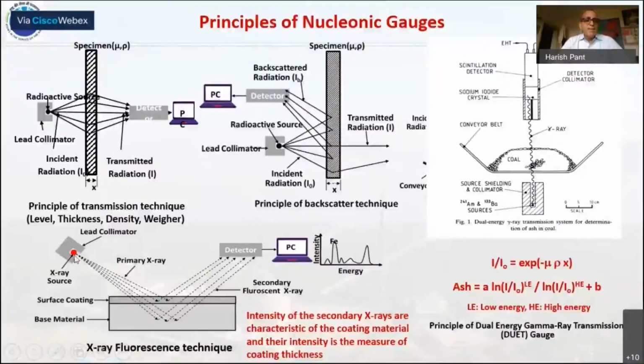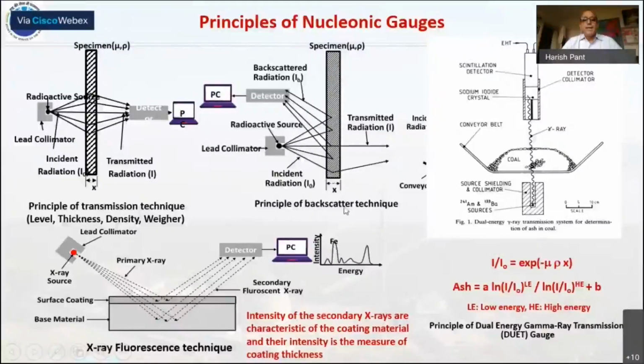The X-rays from this primary source fall on this coating or on this material, and they are scattered back here, and there is a detector here, and one can measure the spectrum. So the intensity of the secondary radiation, the radiations which are emitted from the coating material or from this specimen, the intensity of the secondary X-rays are characteristic of the coating material, and their intensity is the measure of the coating thickness.